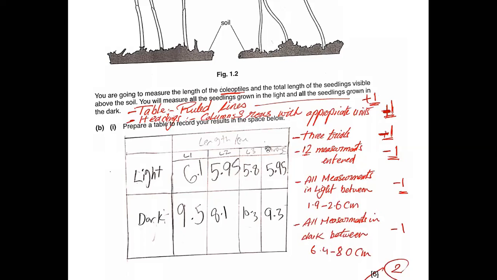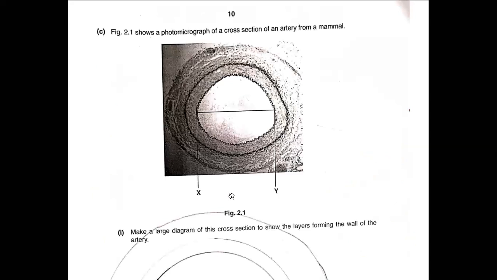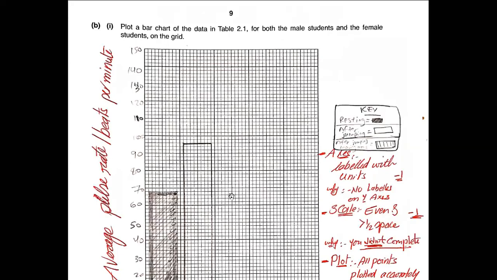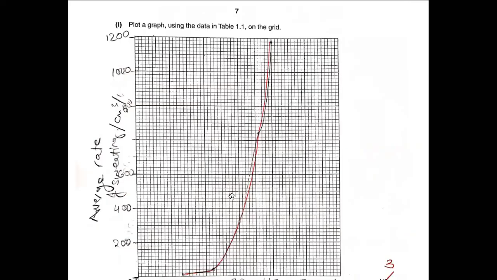It is mentioned that there should be at least 5 columns, but in this case he only did 1, 2, 3, 4. So this may be penalized by deducting 1 mark.